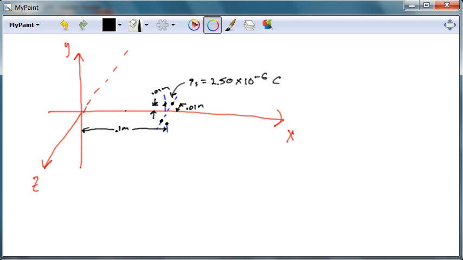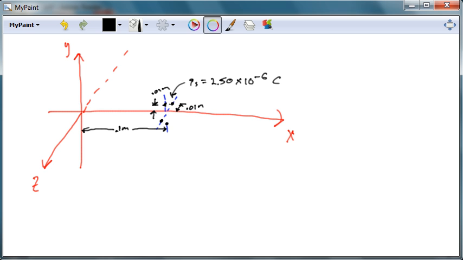Wherever the particle is, it's going to have a force exerted on it by each of these particles, and each of those forces is going to have an x component and a component perpendicular to the x direction.